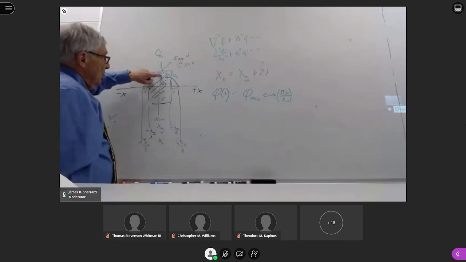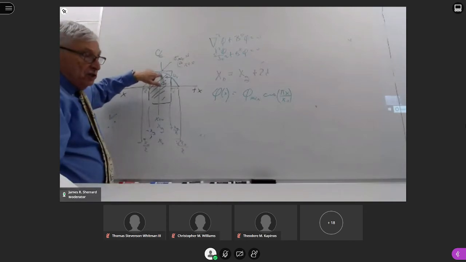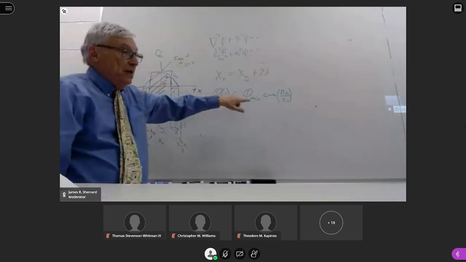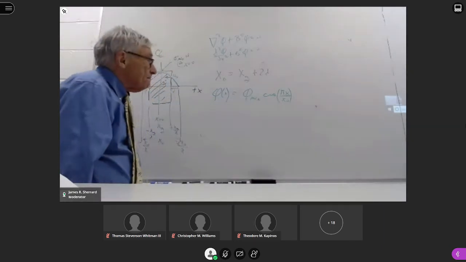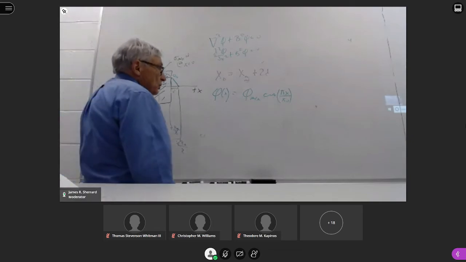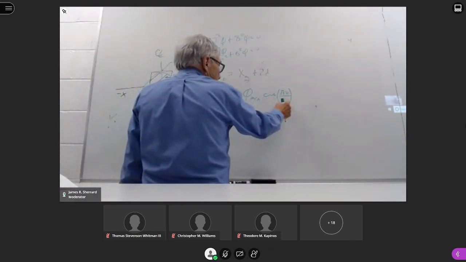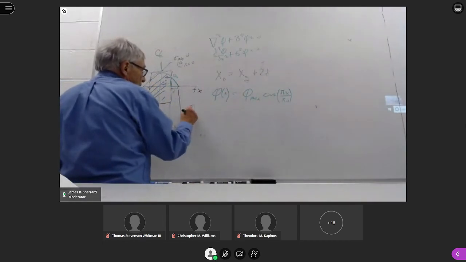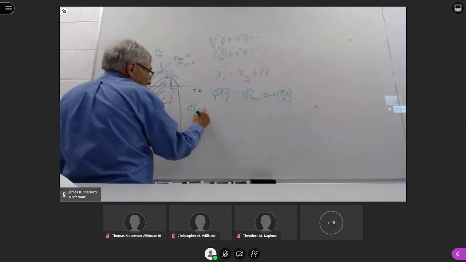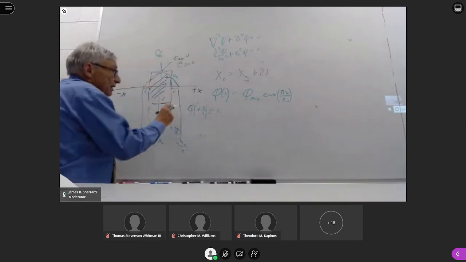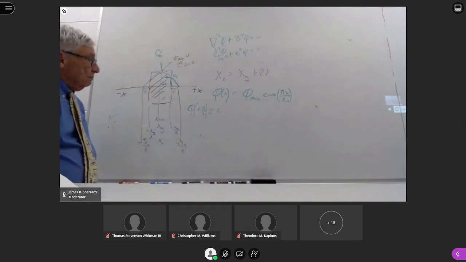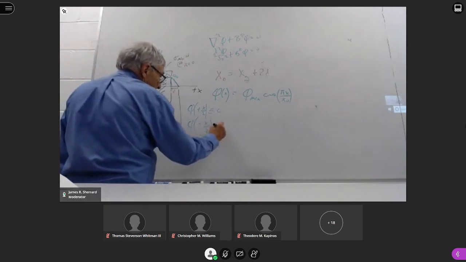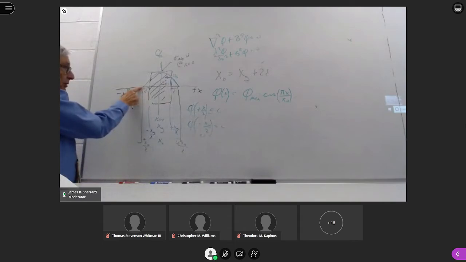So we initially guessed that this is a parabolic shape, but in reality, this shape comes out to be a cosine. And if you substitute in x is equal to x sub 0 over 2, you'll find that this equation tells you that the flux at plus x sub 0 over 2 is exactly 0, which is what you expect. If you put in the flux at minus x sub 0 over 2, that's also going to equal 0 because it goes here.